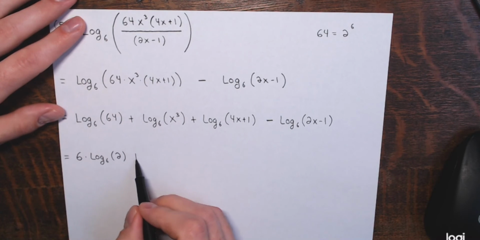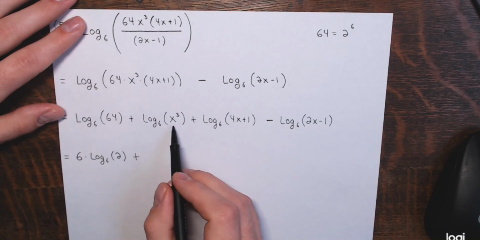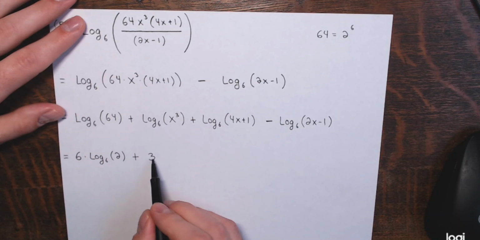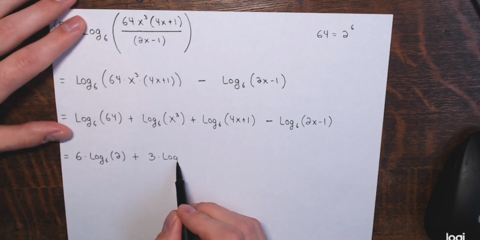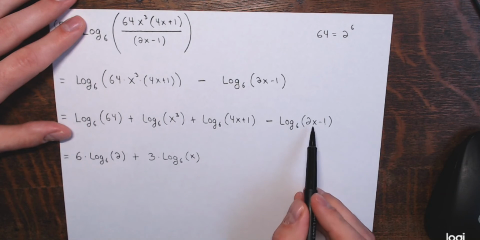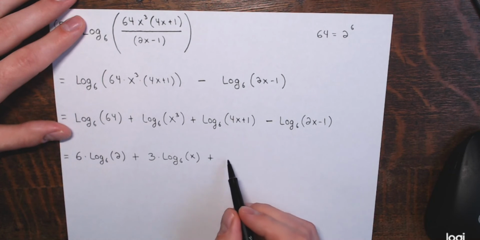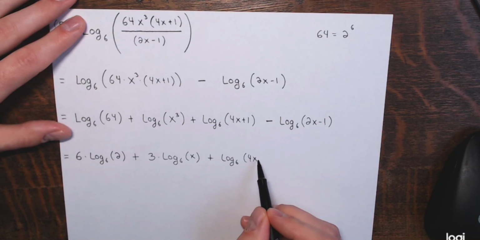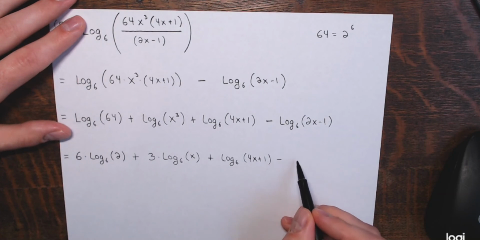Then the same thing goes for this second log. The x cubed is a power. I can pull that power out, pull the 3 out. 3 times the log base 6 of x. Then these last two are not products, not fractions, and not all raised to some power. So these stay the way they are. Plus the log base 6 of 4x plus 1 minus the log base 6 of 2x minus 1.